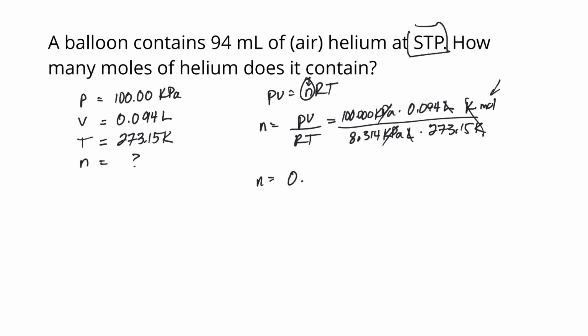So the moles are 0.004139 moles of helium. Now let's look at sig figs. 2 sig figs there. STP would have more than 2, so I need to limit it to 2. So my answer will be 0.0041 moles. That's with 2 sig figs.